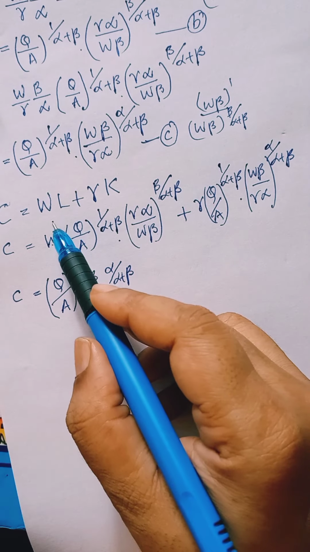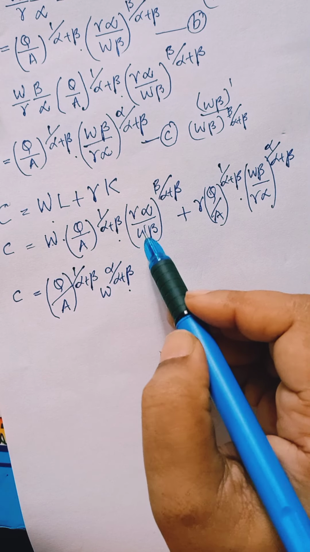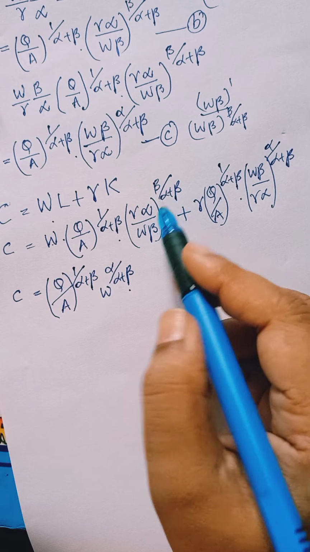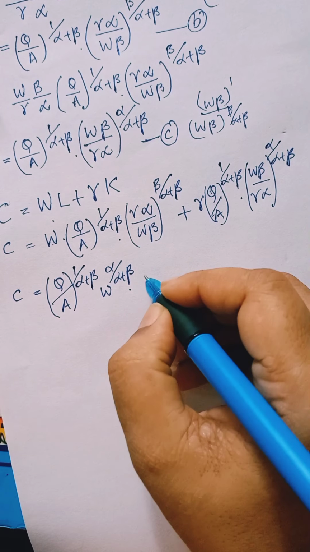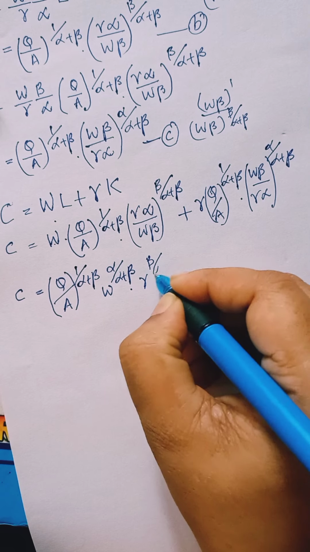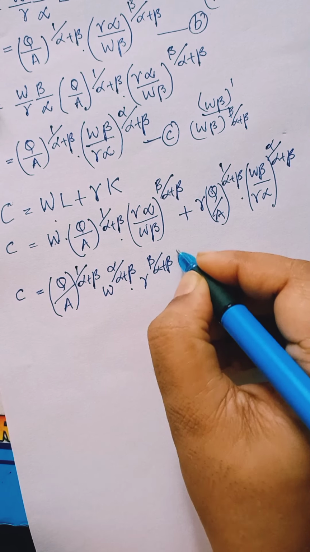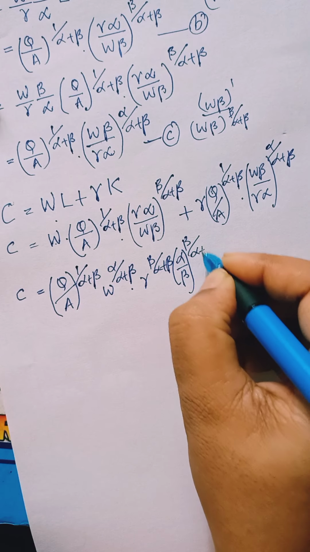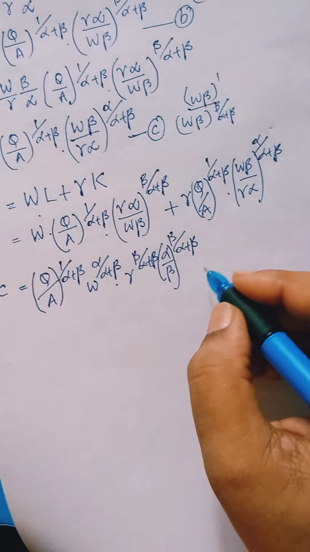That is by solving W raised to 1 and 1 by W raised to beta by alpha plus beta. Then what is remaining there in R raised to beta by alpha plus beta? Then (alpha by beta) whole raised to beta by alpha plus beta.